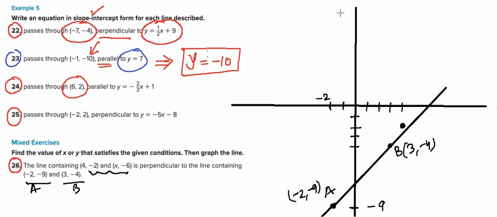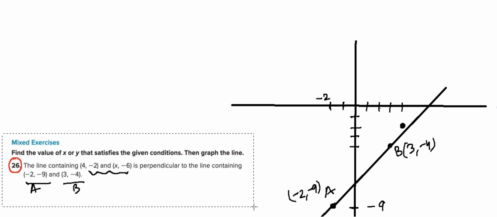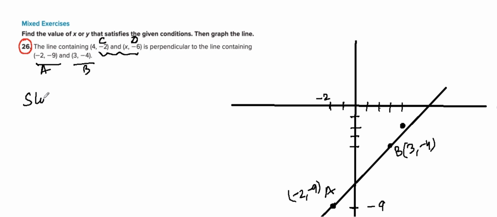Let me take this here. I need the space, so I'm going to delete this. Okay, so for the slope of the line, let us suppose this point is C and this point is D. So the slope of CD is y2 minus y1 over x2 minus x1.